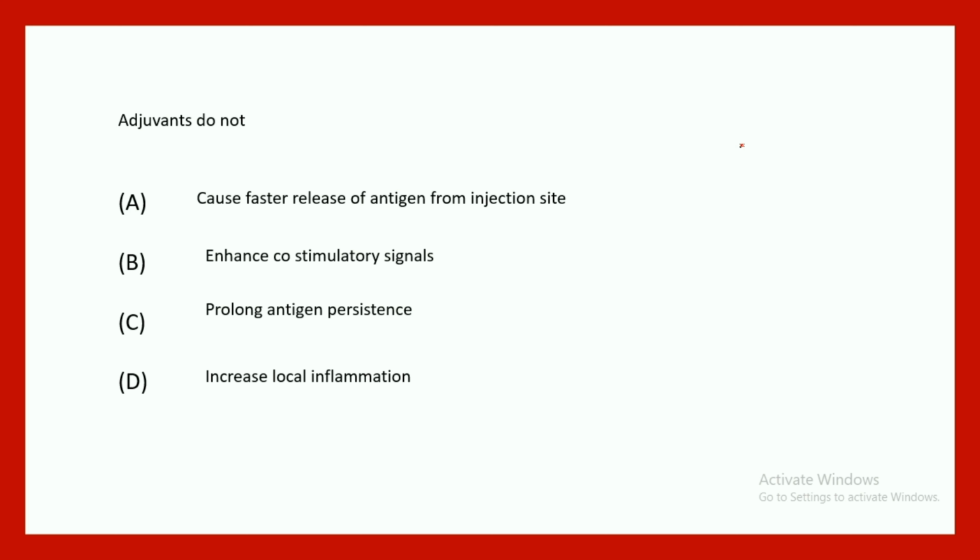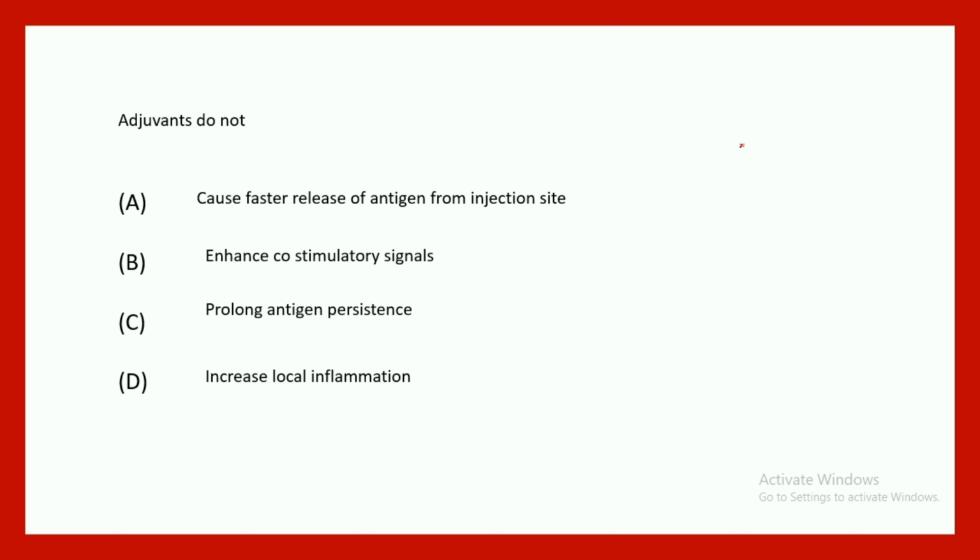Next question is about adjuvants. Adjuvants do not cause faster release of the antigen from the injection site, enhance co-stimulatory signals, prolong antigen persistence, or increase local inflammation. So what are adjuvants?